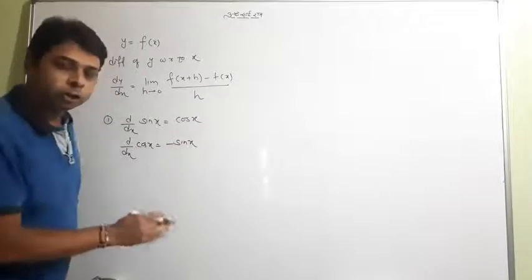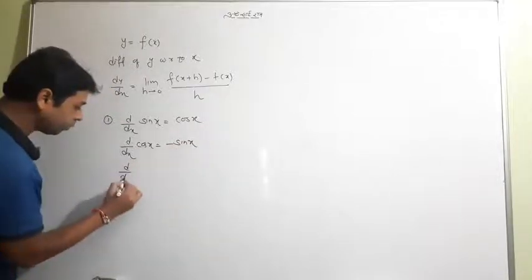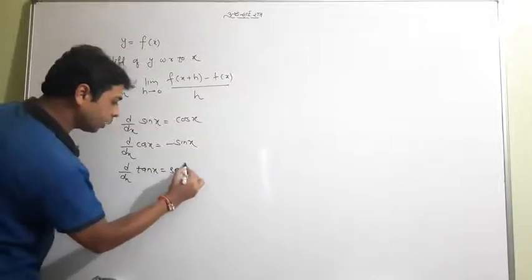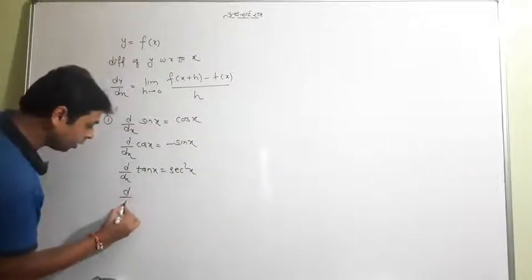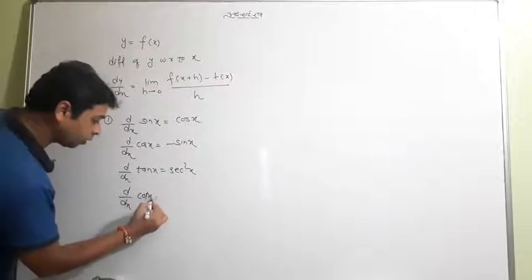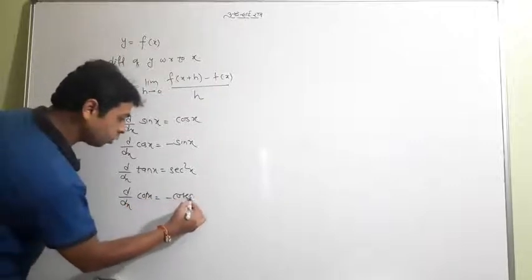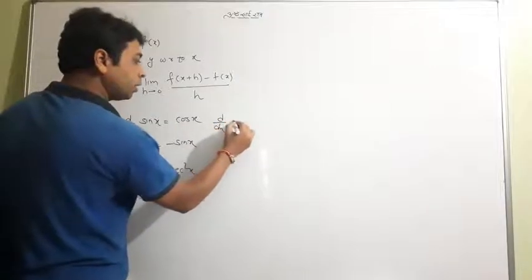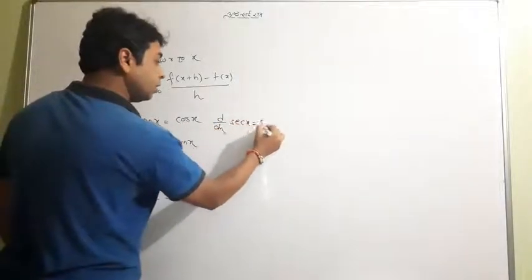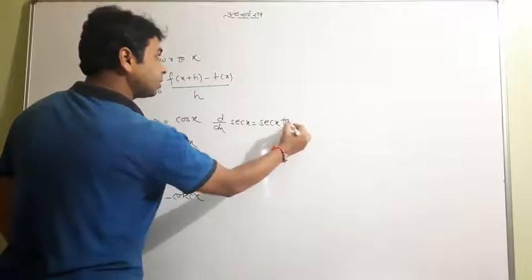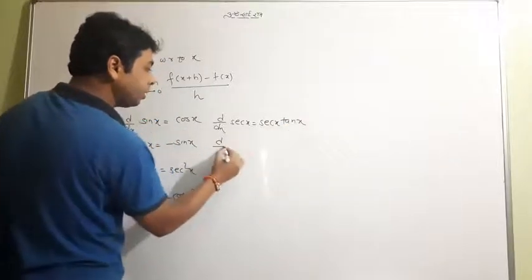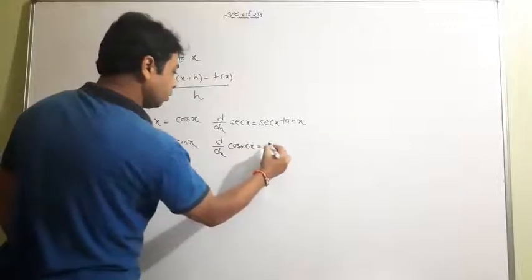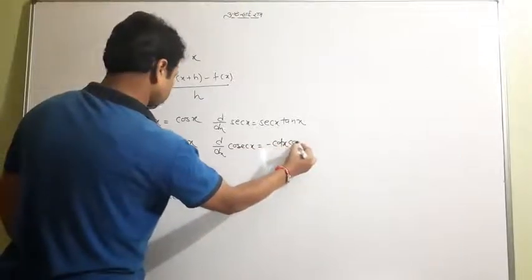That is previous knowledge. d by dx of tan x, we got sec square x. d by dx of cot x, we got minus cosec square x. d by dx of sec x was sec x tan x, and d by dx of cosec x, we got minus cot x cosec x.